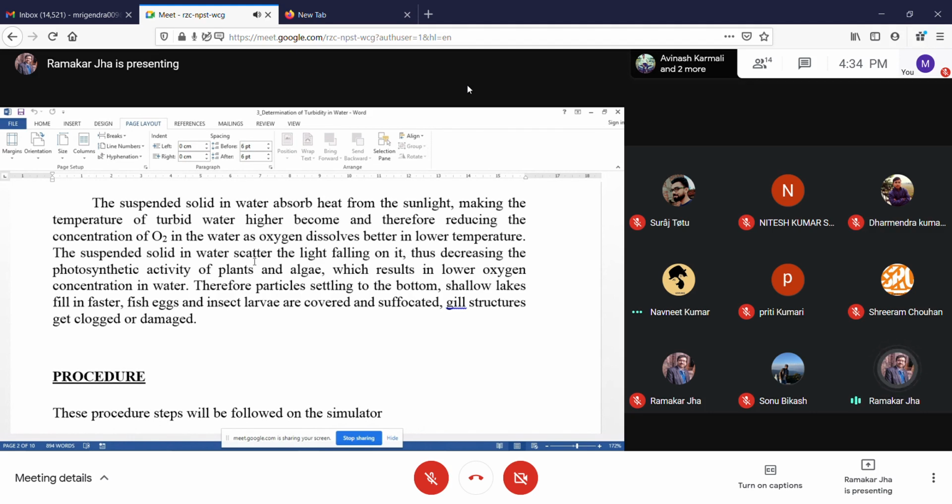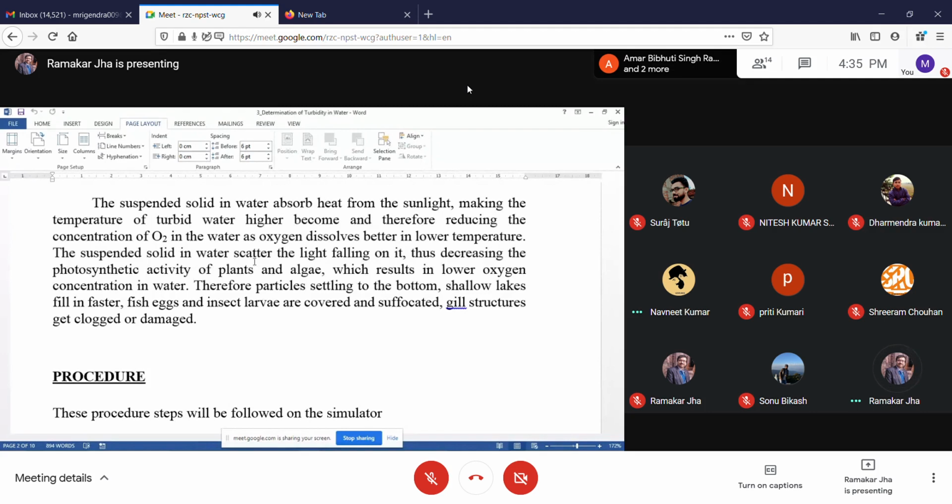So suspended solids in water scatter the light falling on it, thus decreasing the photosynthesis activity of plants and algae. So it is going out, scattering is there, तो अंदर आ ही नहीं रहा है पानी, sunlight. So if sunlight is not coming, then photosynthesis is reduced, which results in lower oxygen concentration. So two ways.